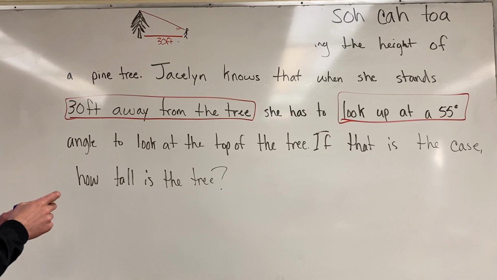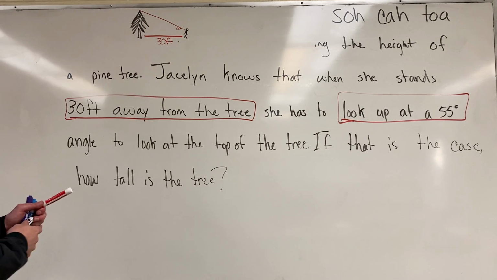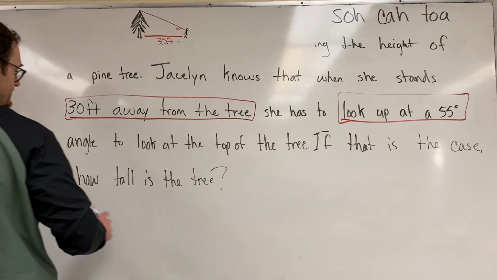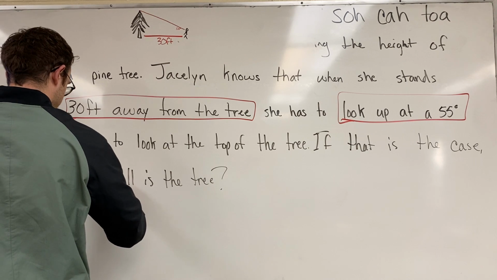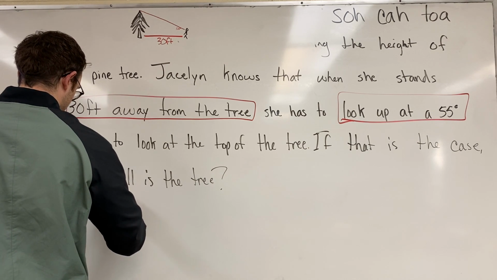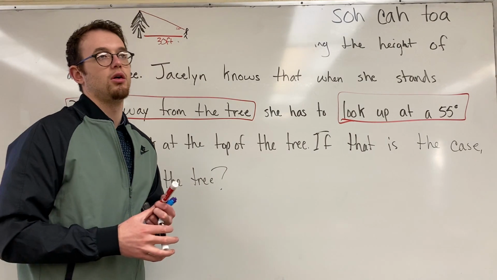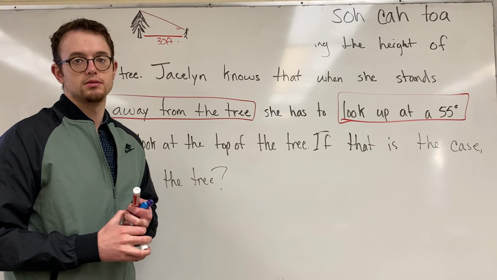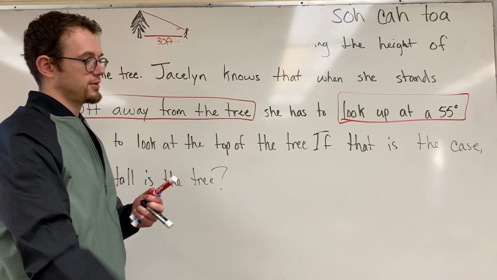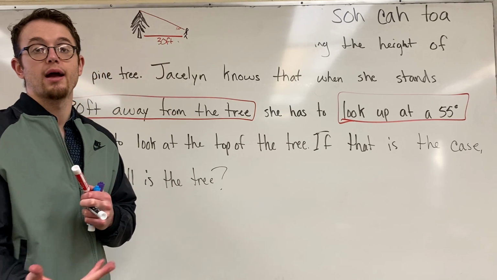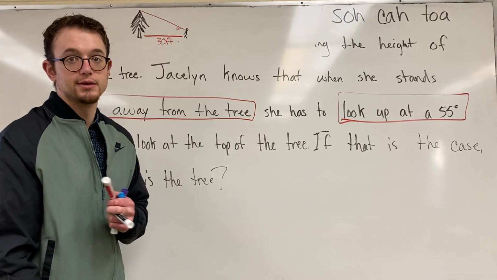Now, if that is the case, I need a change in here. This would be about, because we're not taking into account how tall Jacelyn is. Because technically she's not looking from the ground, but we're gonna do the math like she's looking from the ground.